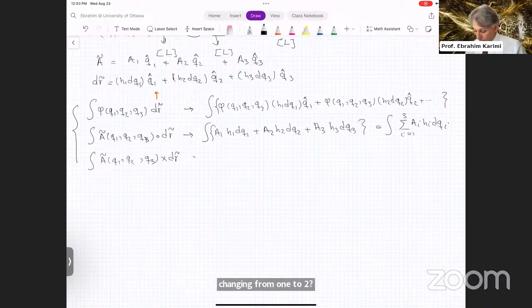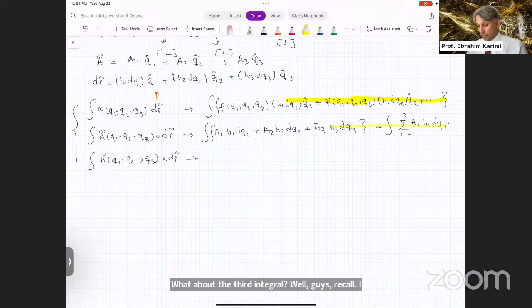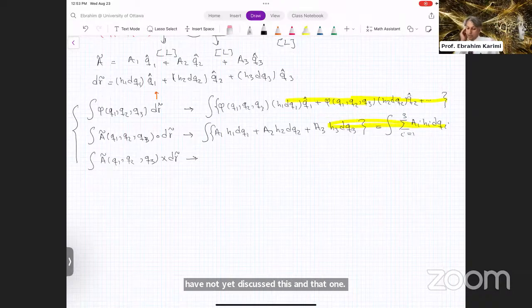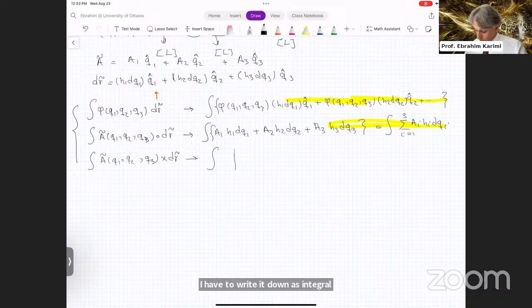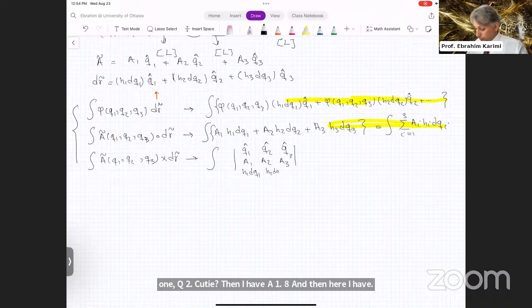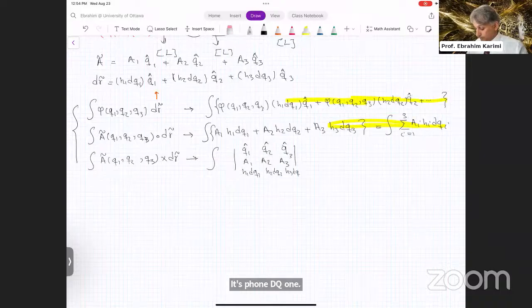What about the third integral? Well, guys, recall, I have not yet discussed this and that one, okay? I have just expanded the form. Now, look at the third integral. How do you write it down? I have to write it down as the integral of Q̂1, Q̂2, Q̂3, then I have A1, A2, A3, and then here I have H1 dQ1, H2 dQ2, H3 dQ3.